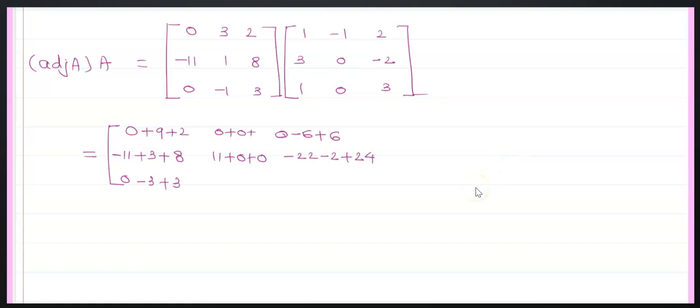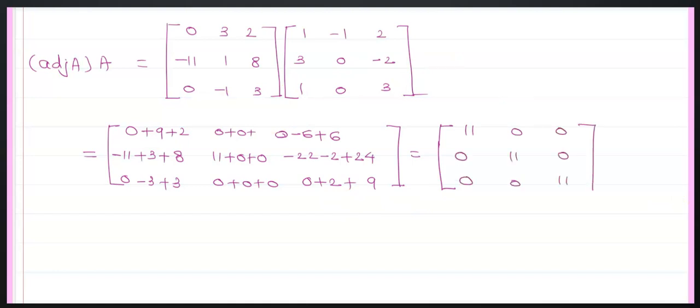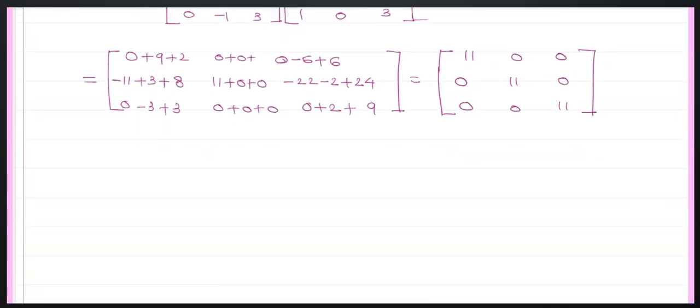Then 0, minus 3, 3, and 0, 0, 0 minus 2, that is plus 2 and 9. Overall it is 11. And therefore 11, 0, 0, 0, 11, 0, 0, 0, 11. Therefore this is the adjoint of A into A.